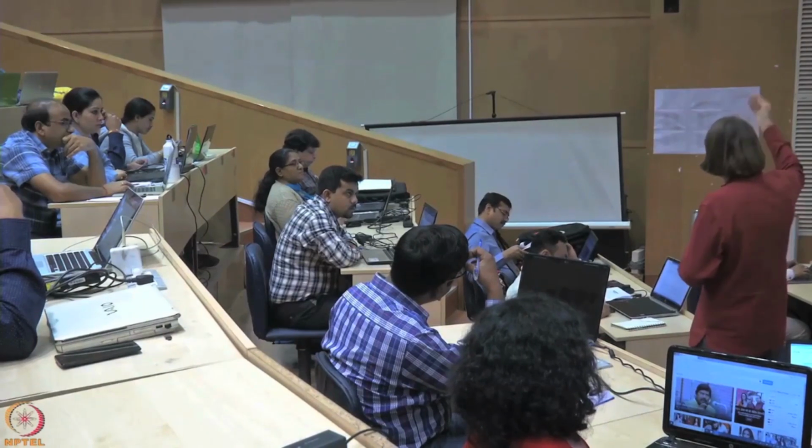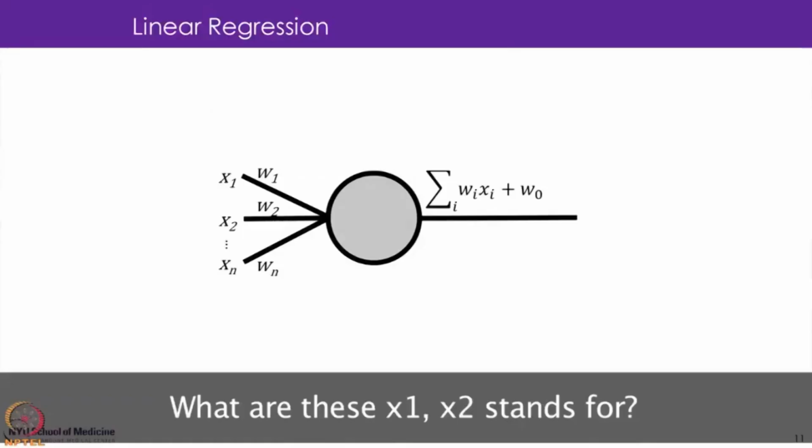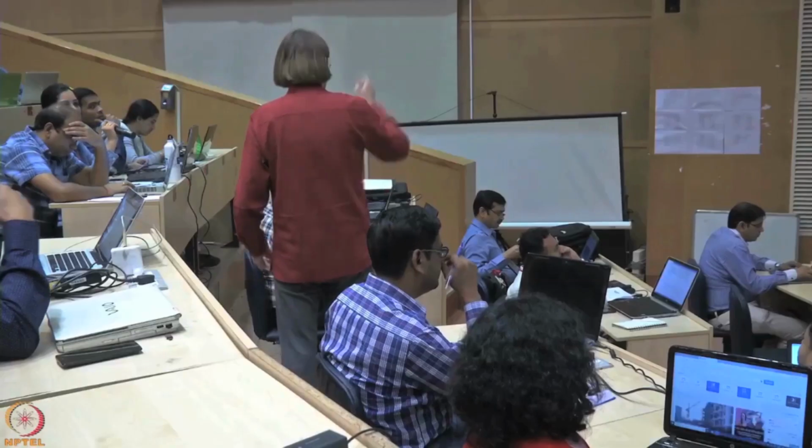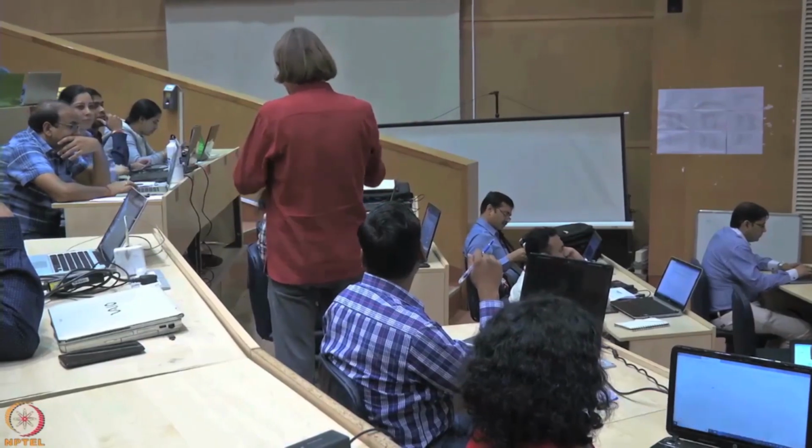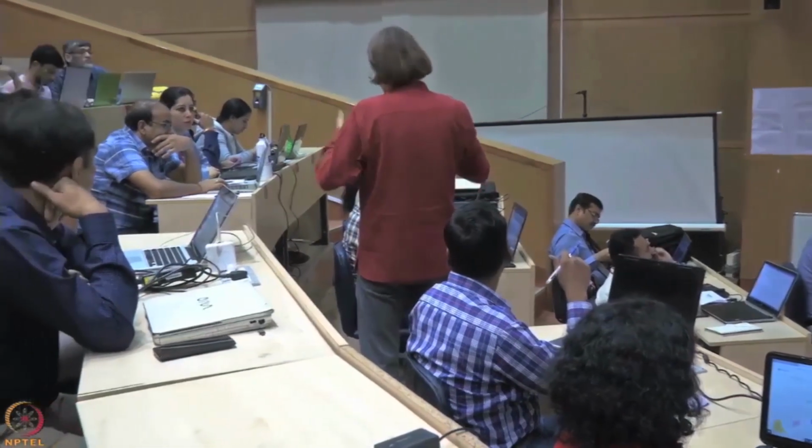What we want to learn are the weights. The result will tell us how long that person will survive. So what will be x1, x2, x3 and so on? So x1 would be one protein, x2 would be another protein, and so on.